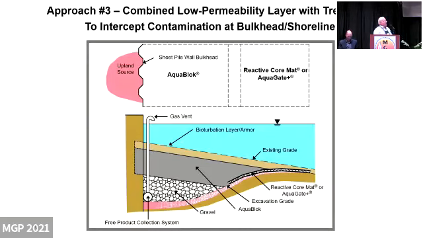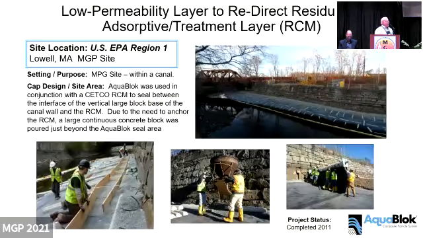Approach 3 is what I'm calling a combined low permeability layer with other types of materials. This is where I'm going to talk a little bit about reactive core mat and other types of sorptive materials. There's a lot of ways to skin the cat here, and I want to make sure that I talk about some of these types of projects and activities.